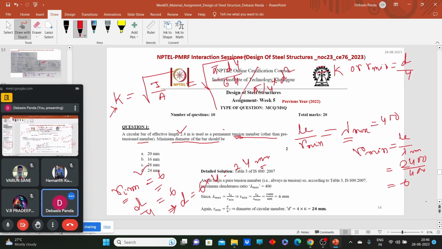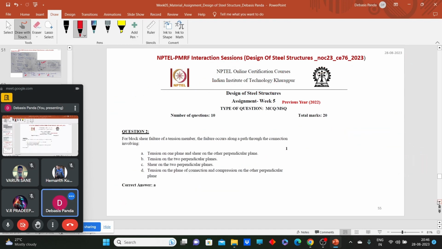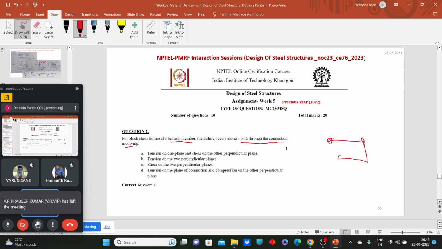Now go to the next question. It says, for block shear failure of a tension member, the failure occurs along a path through the connection involving two planes. One is the shear plane and one is the tension plane: tension in one plane and shear on the other perpendicular plane.